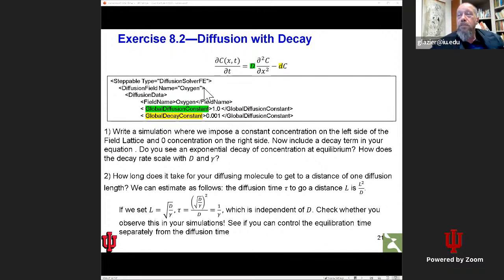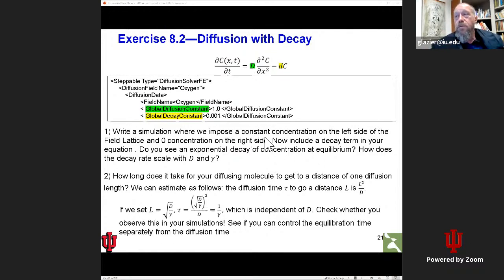Let's think about this. So what I want people to do is create a chemical field. Here I called it oxygen, or you could call it anything you like. And I want you to set the global diffusion constant to be 1 and give it a small decay constant. Here, a factor of 1 over 1,000.